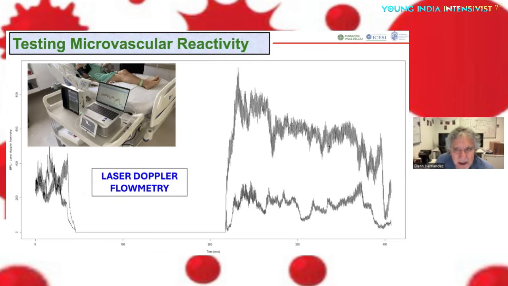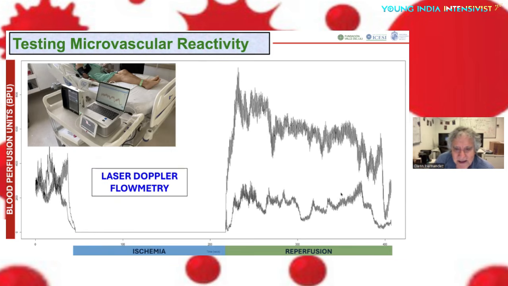But what Gustavo has done in Colombia is that he has further developed this laser Doppler signal under the vascular occlusion test, which is very nice. You see ischemia here, the flow, and then there is reperfusion.